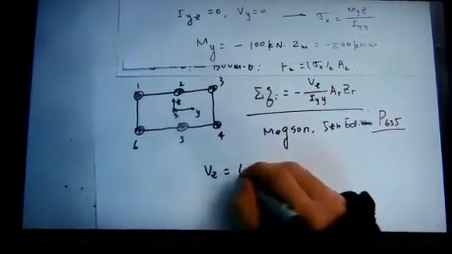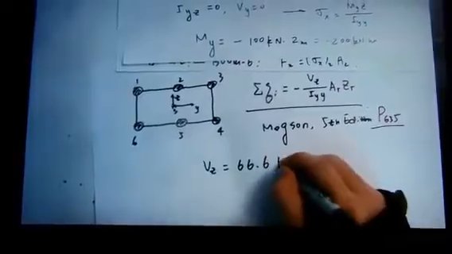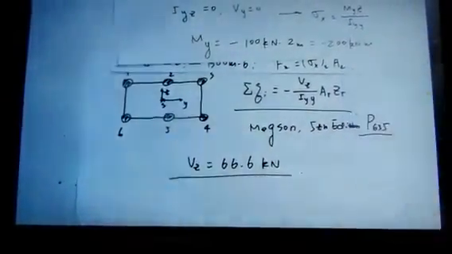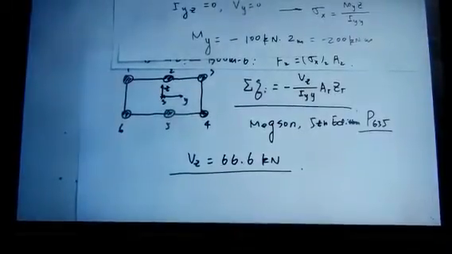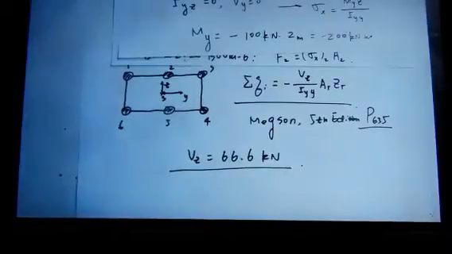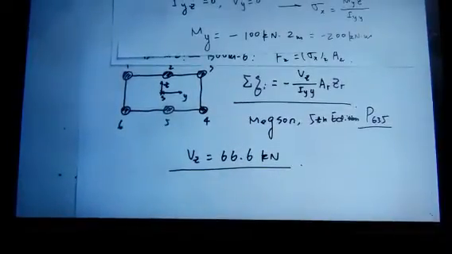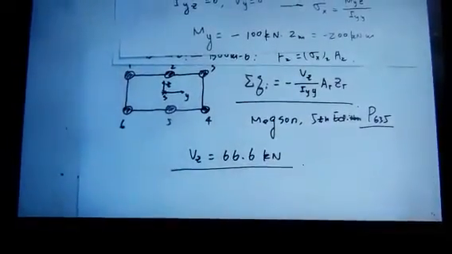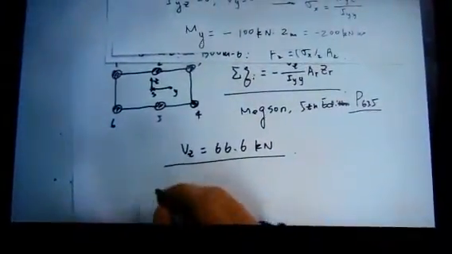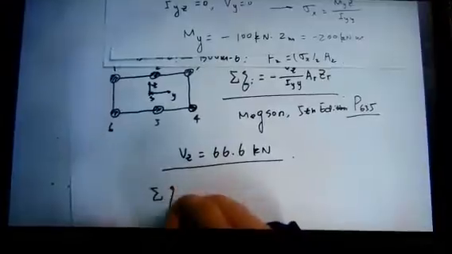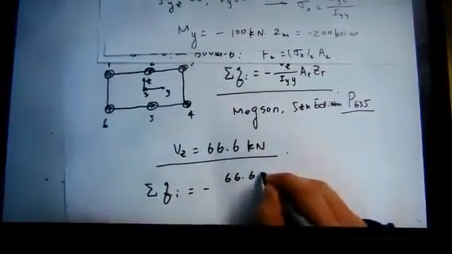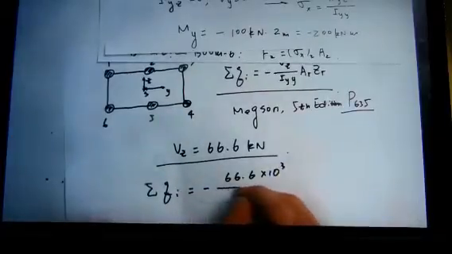It is 666.6 kilonewton. So in this cross-section, we cannot simply use the force acting on the tip, because that is not the section we are dealing with. We are dealing with a cross-section in between. We have to figure out the shear force on that plane. So that is the value we should use for Vz: 666, 10 to the 3 Newton.